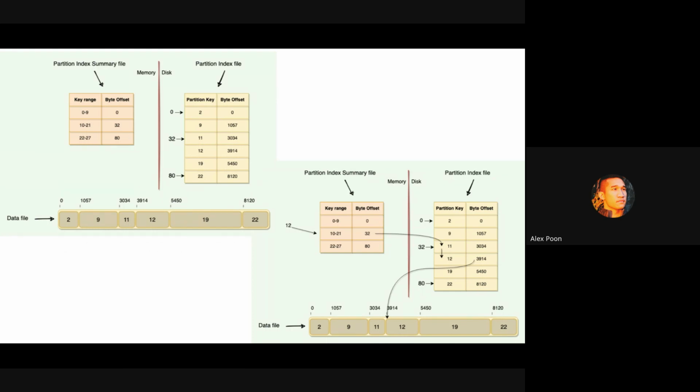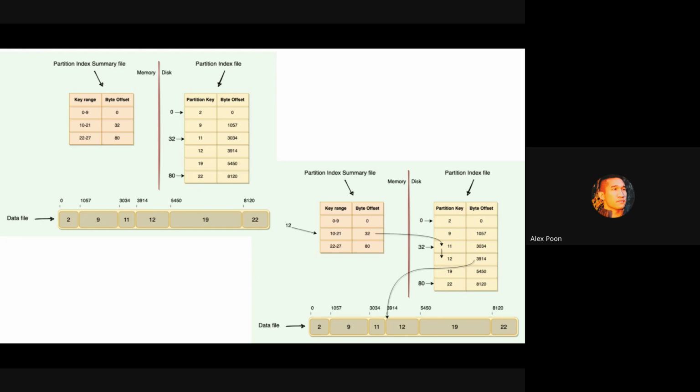This will give us the offset 32 into the partition index file. 2, we jump to the offset 32 in the partition index file to search for the offset of key 12. This will give us the offset 3914 into the SS table file. 3, we jump to the SS table at offset 3914 to read the data for key 12.